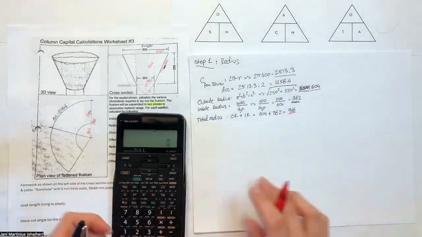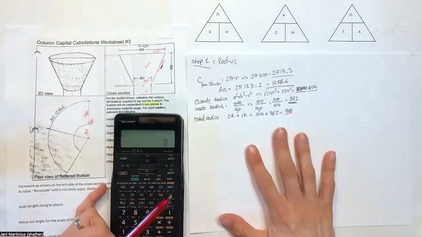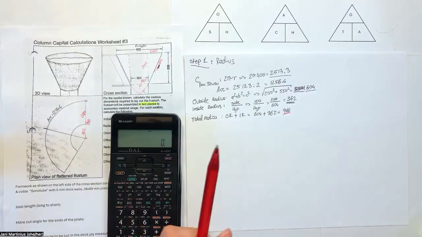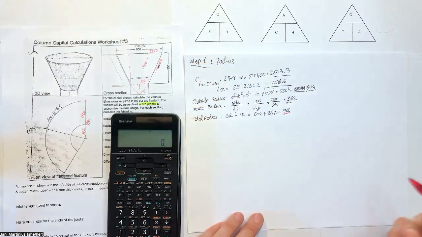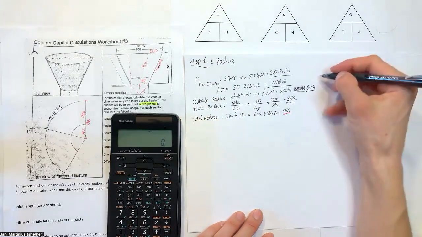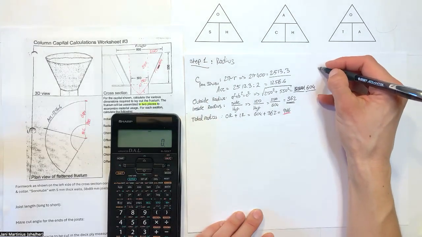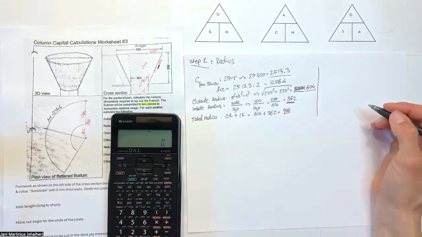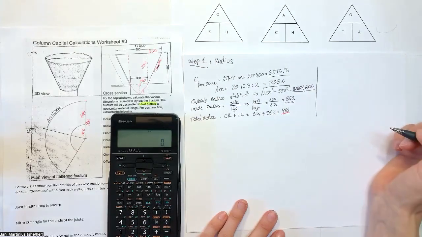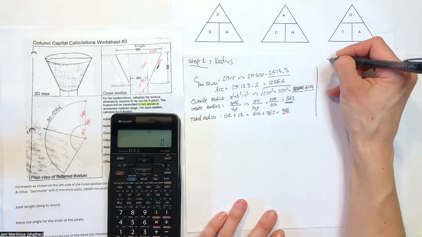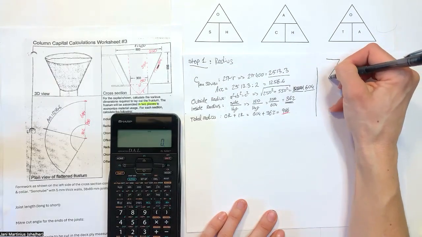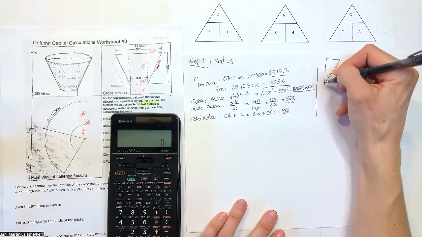Okie dokie. I want to show you a different way to figure out the inside radius or even that hypotenuse here. So I'm going to draw a line. We're figuring out the same thing here, just a slightly different way. Going to draw out this triangle. Pop in those numbers.